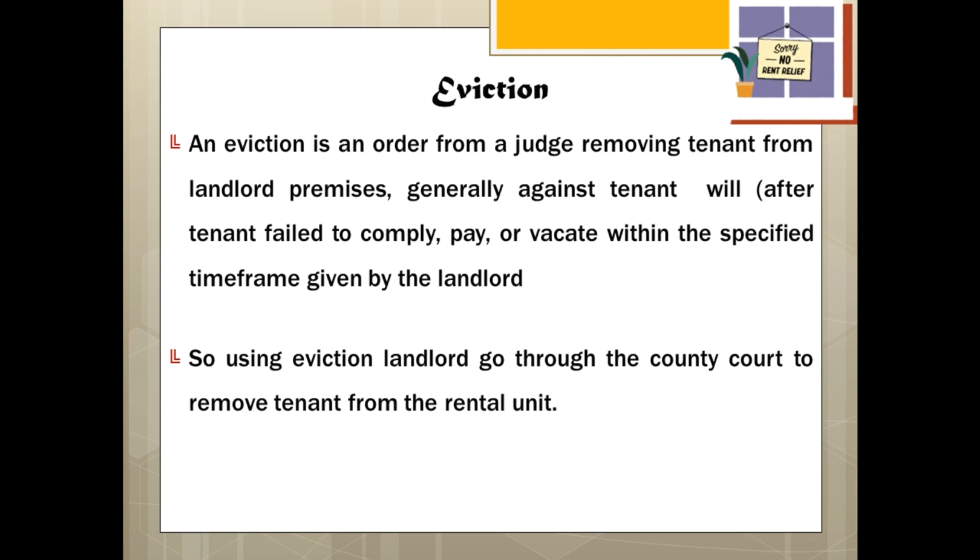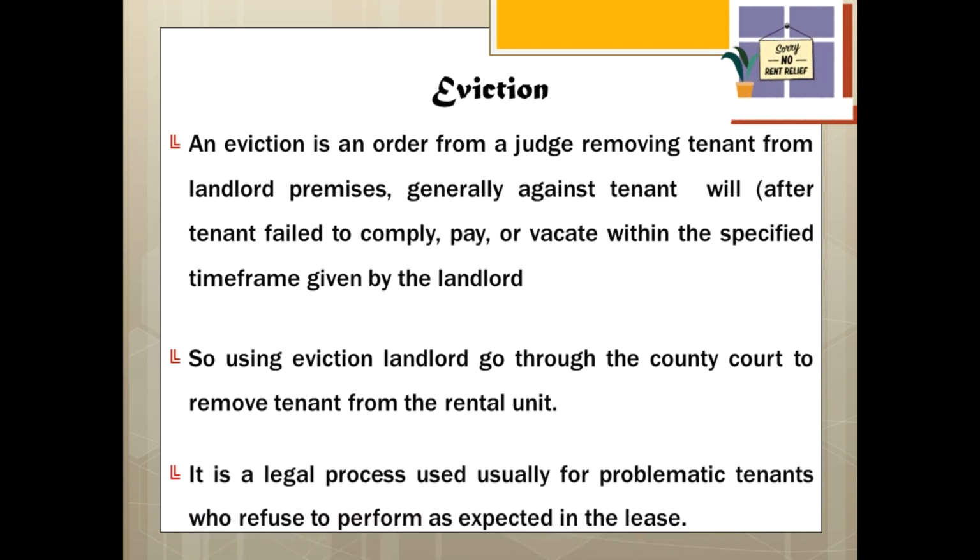In this case, the tenant first of all is given the notice to quit by the landlord, but the tenant refuses to comply. This is when the landlord goes through the county courts to remove the tenant. It is a legal process that is used usually for problematic tenants who refuse to perform as expected within the lease. That is eviction.